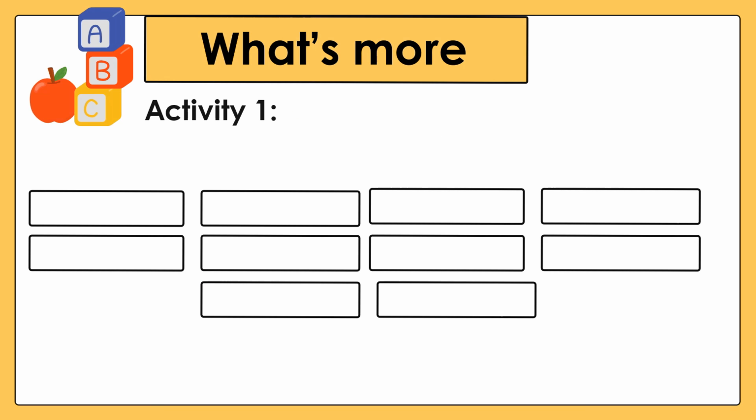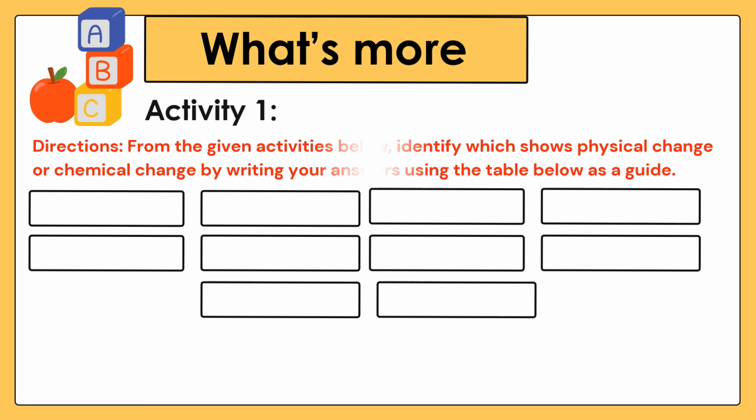Now, let's try to answer an activity. Directions: from the given activities below, identify which shows physical change or chemical change by writing your answers using the table below as a guide.